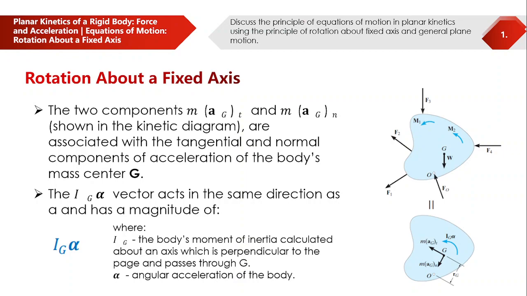If you're dealing with the moment of inertia, you just have to multiply the angular acceleration and the moment of inertia so that you can have your moment. I sub G is the body's moment of inertia calculated about an axis which is perpendicular to the page and passes through G. And your angular acceleration is alpha.